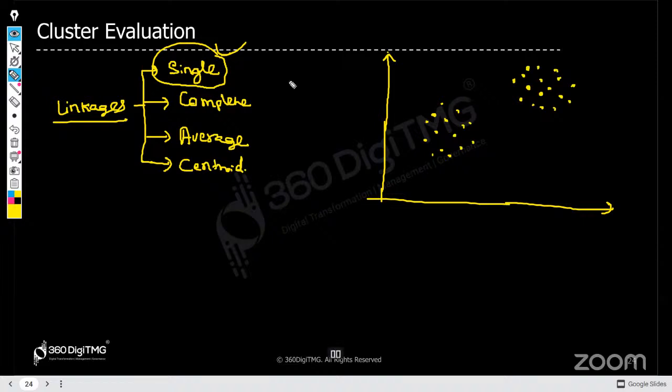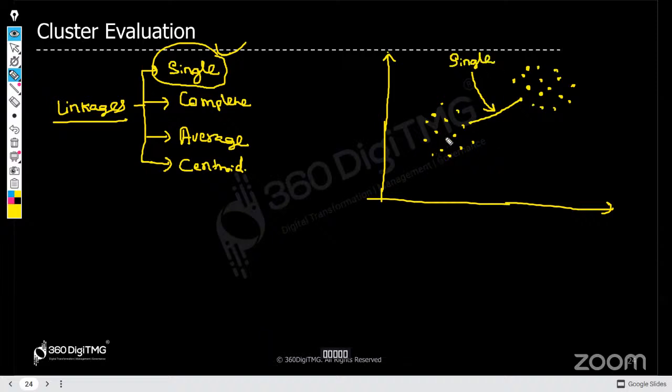Now, if I try to find the smallest distance between these two clusters, the distance between the nearest data points, we call it single linkage.